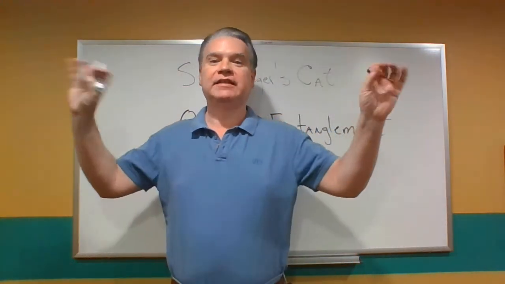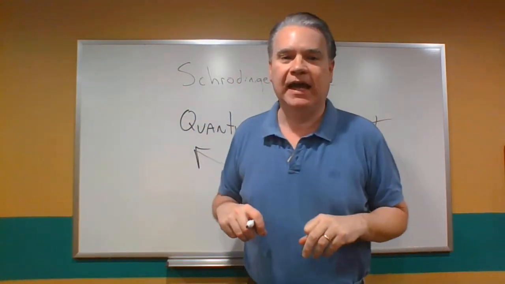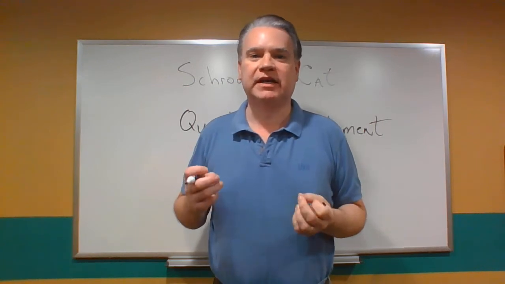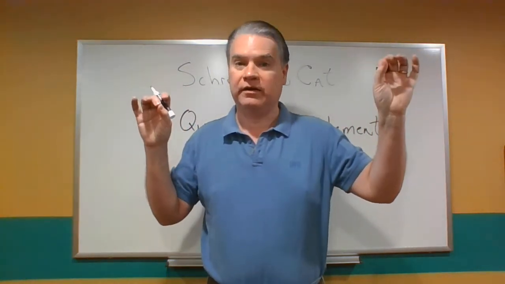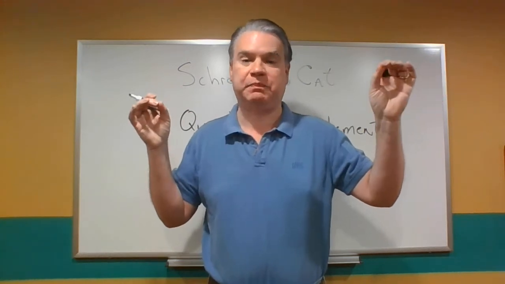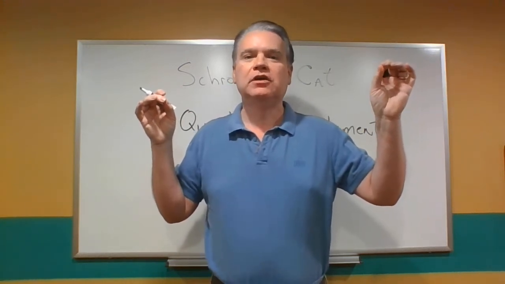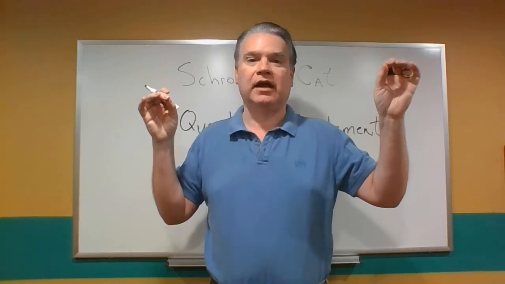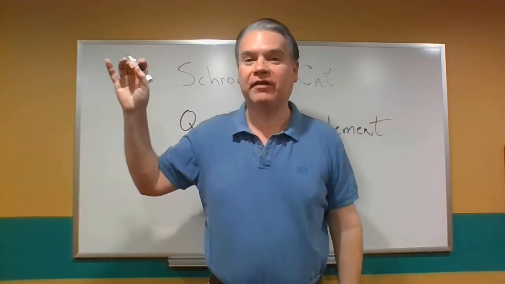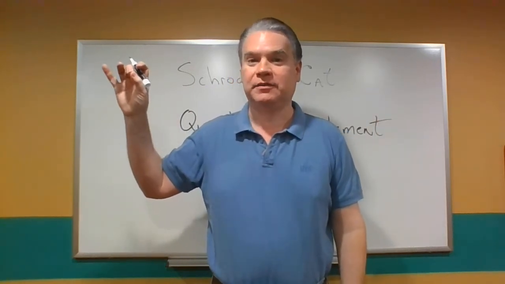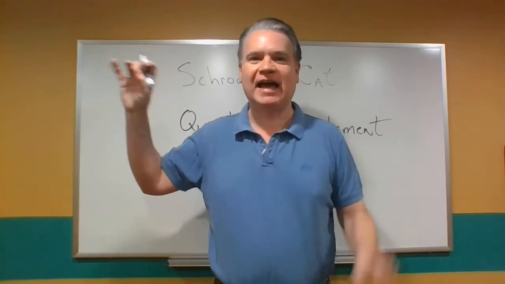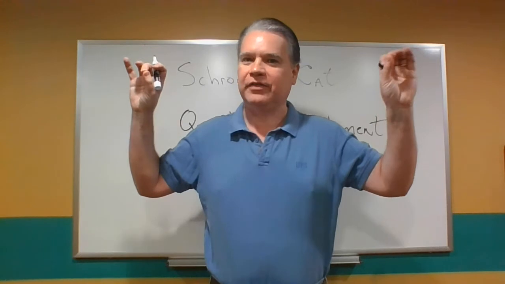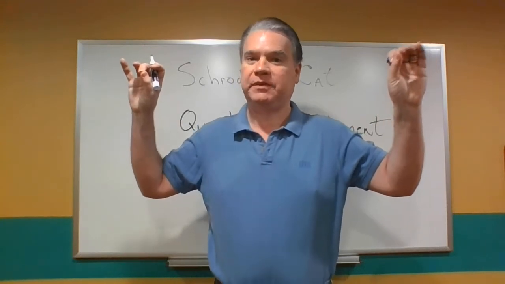And quantum entanglement says that if you measure the one photon, let's say the spin of that photon, you will automatically know what the spin of the other photon is before you measure it. And when you measure it, sure enough, it's exactly correlated with the other entangled photon spin.